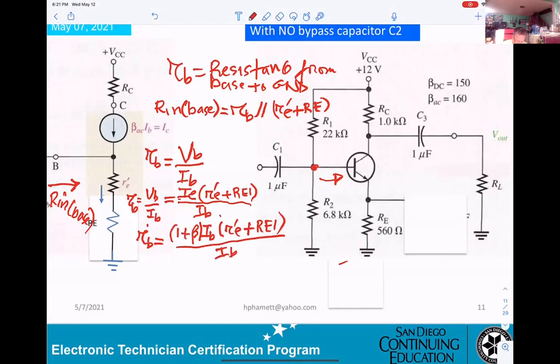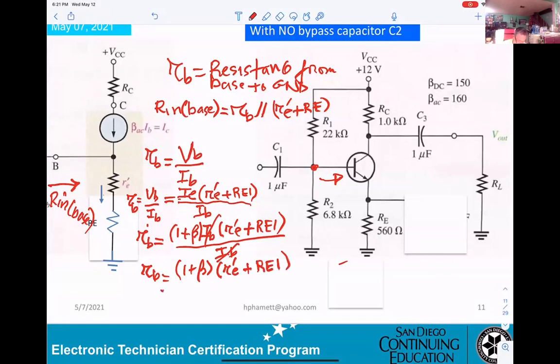So the IB cancels. Basically the formula is RB equals 1 plus beta times R prime E plus RE1.